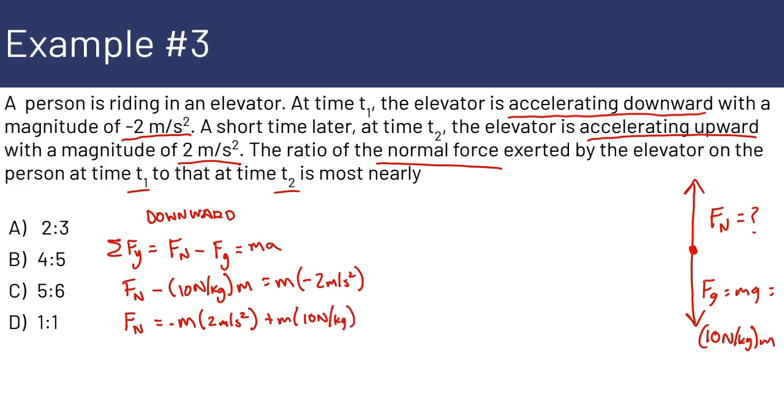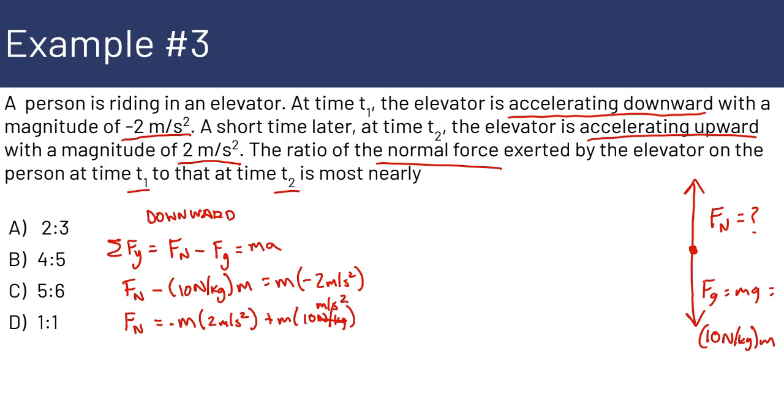So we can factor out our m there. So these units are the same, meters per second squared and newtons per kilogram. So I'm actually going to change this to meters per second squared. Okay, so we can factor out the m.